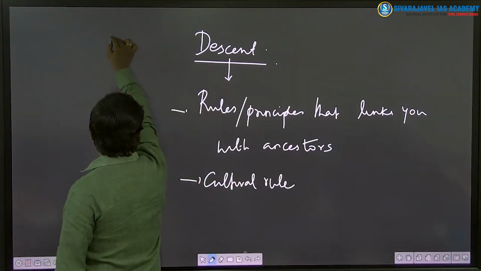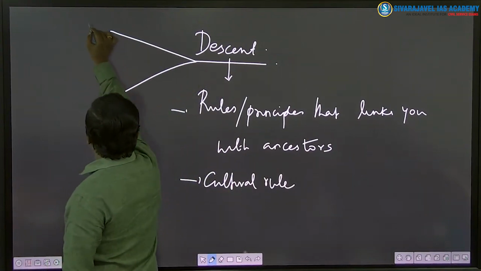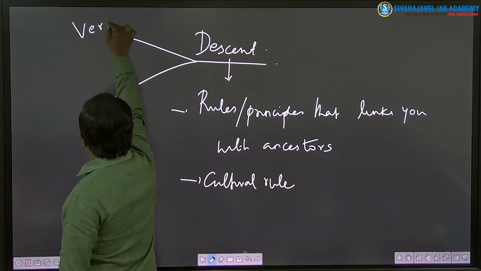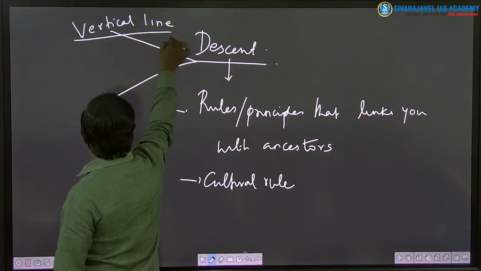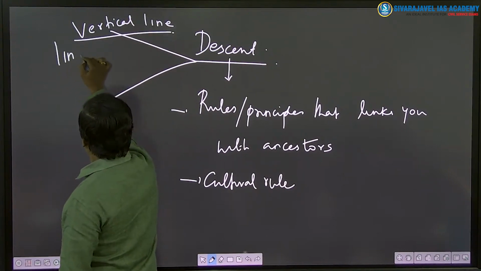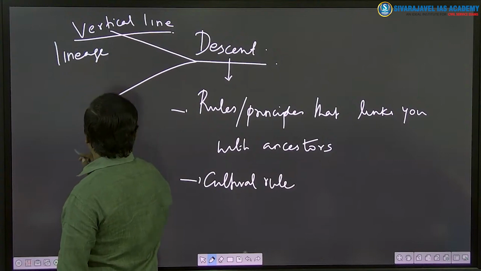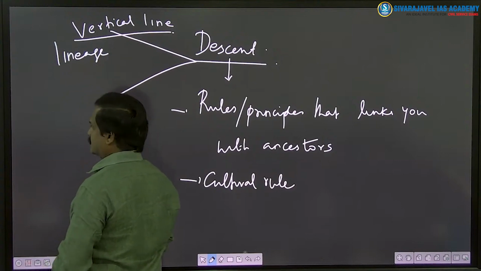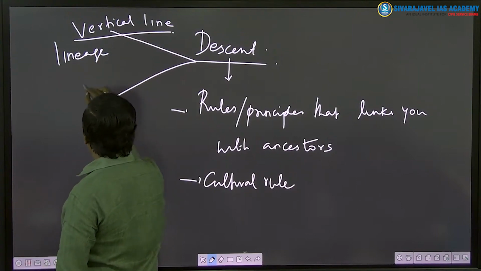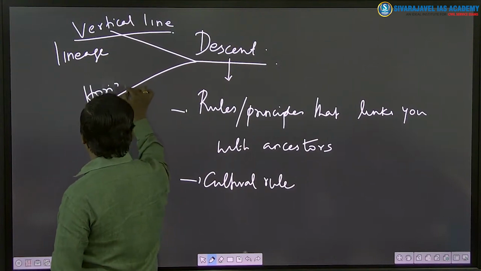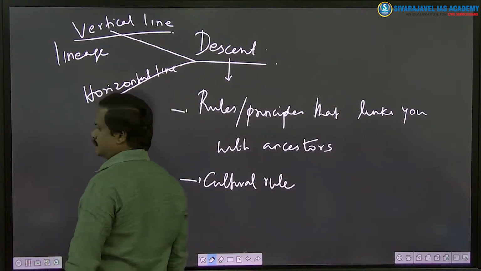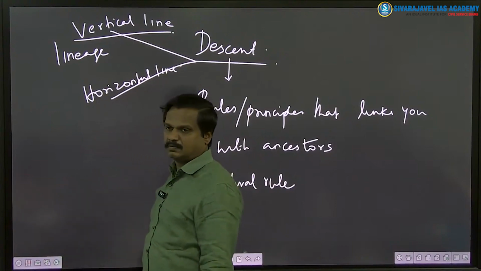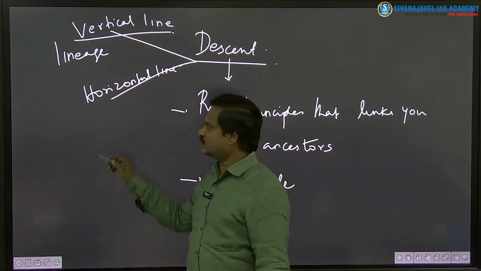If the descent is a vertical line, then it is lineage. If it is a horizontal line, then it is collaterals.